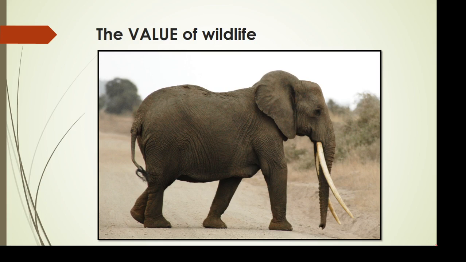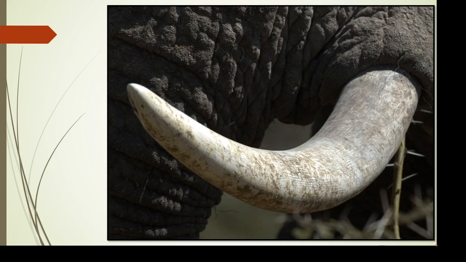I think this is the largest tusker that I've ever photographed. This was on our first trip to Kenya. This is in Amboseli National Park, famous for its big old elephants, and tusker is the name that they call them. And there's a lot of ivory there. That individual could be worth a lot on the black market or on a legal market if we allowed ivory to be sold.